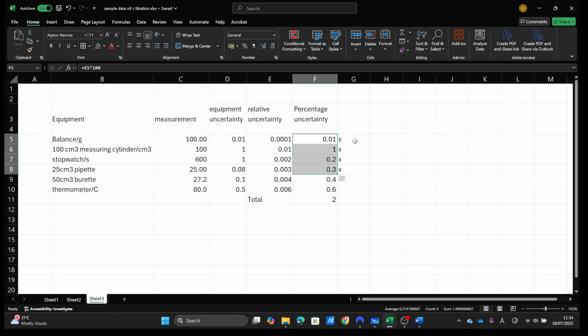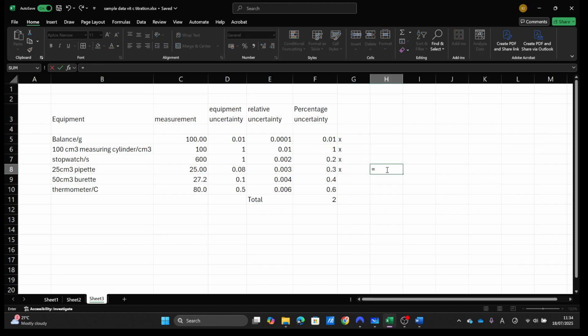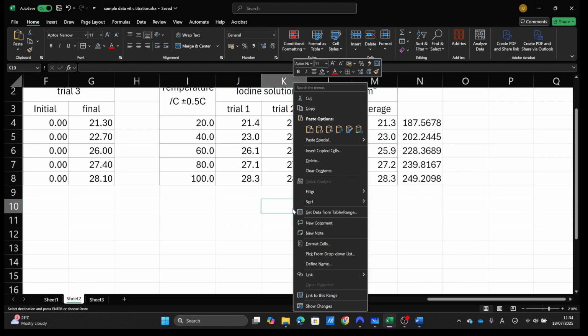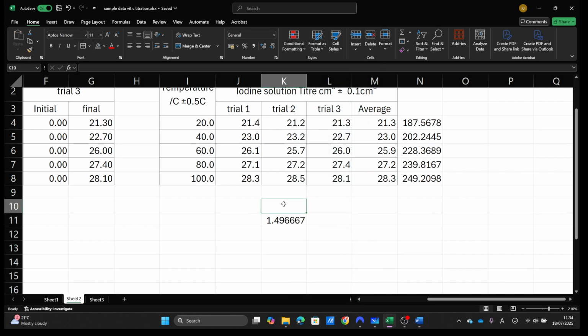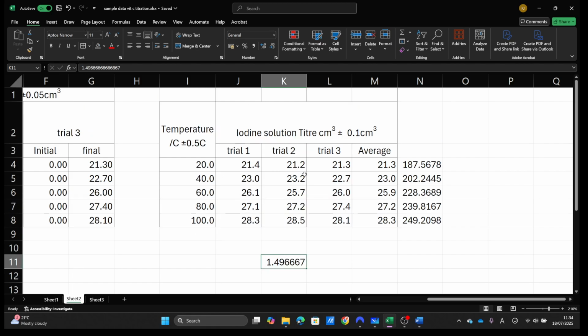Okay, so these ones at the top that aren't going to change, give me this total. I am just going to copy that and paste that as a value. Okay, so that's the uncertainty, not including temperature and titer.